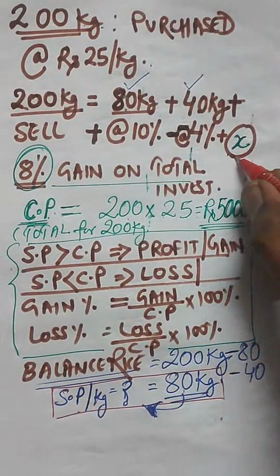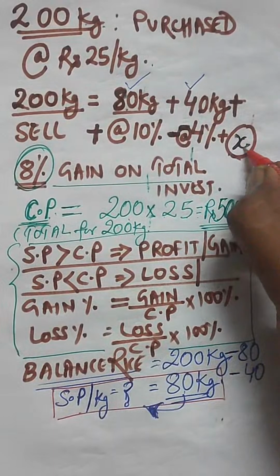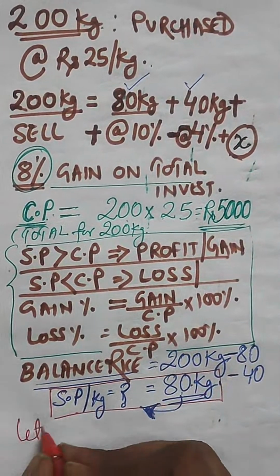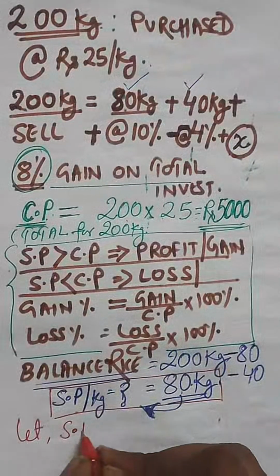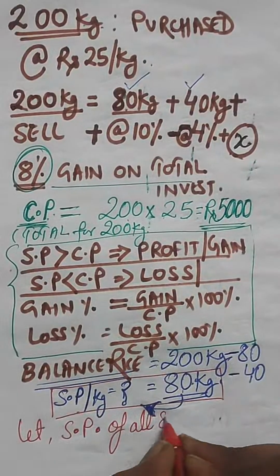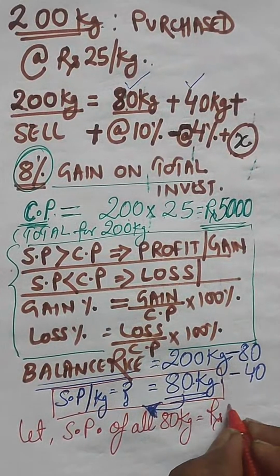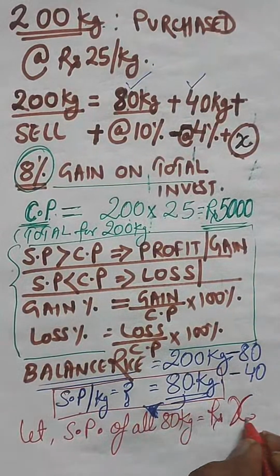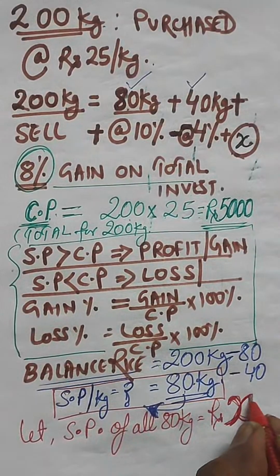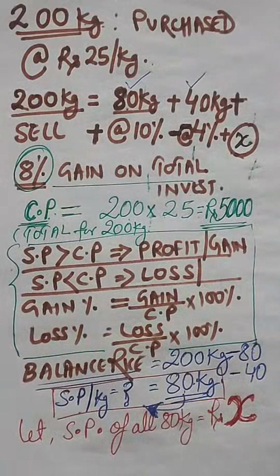So here let the selling price of all 80 kg equal rupees x. I'm writing it bigger so that it will be easily visible to you because I'm making this video from my mobile.